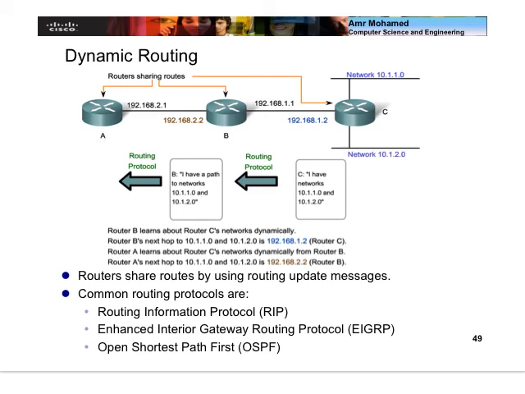EIGRP also considers a more complicated metric, so it does not use the number of hops. It does use the bandwidth and the delay of the link to evaluate the metric of the route. So it does use a complicated way of measuring. If the bandwidth is high, this means that the cost of sending a packet on this link is low because it has a very large bandwidth.